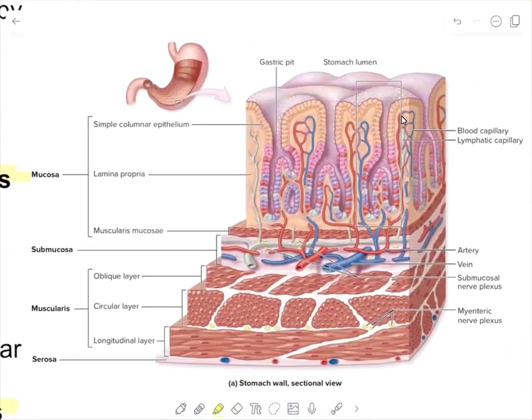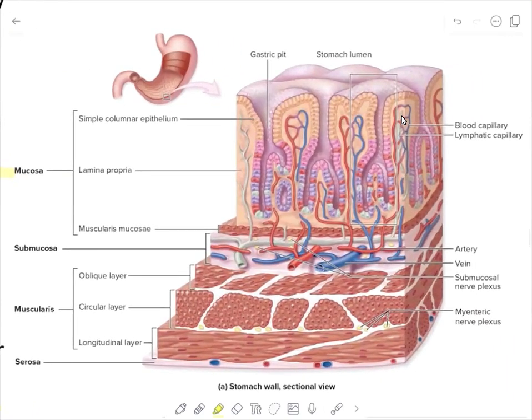So when we look a little closer at this diagram, we see the four layers of the GI tract: the mucosa, submucosa, muscularis, and serosa. The mucosa has the simple columnar epithelium. And notice that it begins with a gastric pit, and this gastric pit then at the base of it becomes a gastric gland.